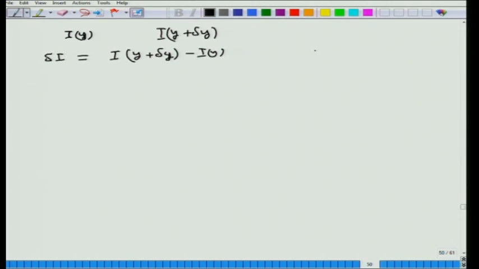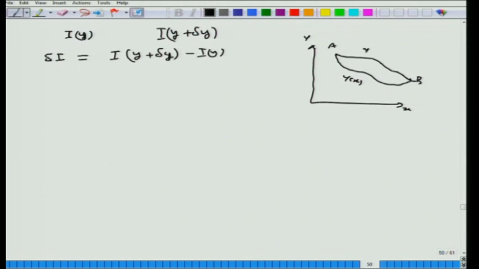So, what we do here, let us say we have these 2 points A and B, and this is the curve y of x, and this is the neighboring curve y 1 of x.